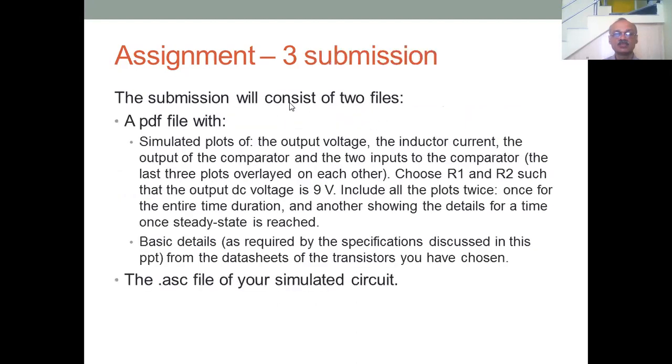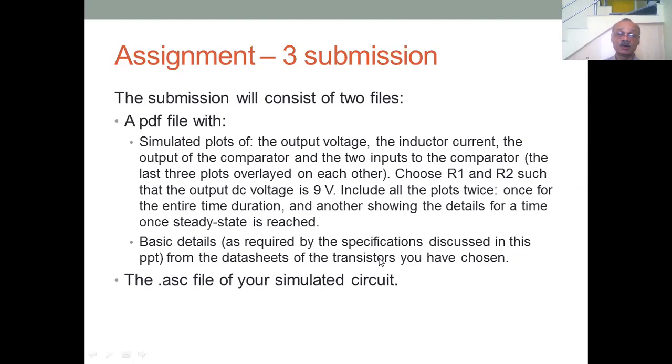The submission will be very similar to your assignment 2 submission. It will have a PDF file with all the plots, the same as the specification I described last time. The only thing is, for this one, you will provide in the PDF file the specifications of the two bipolar transistors that you choose, 2 or 1.